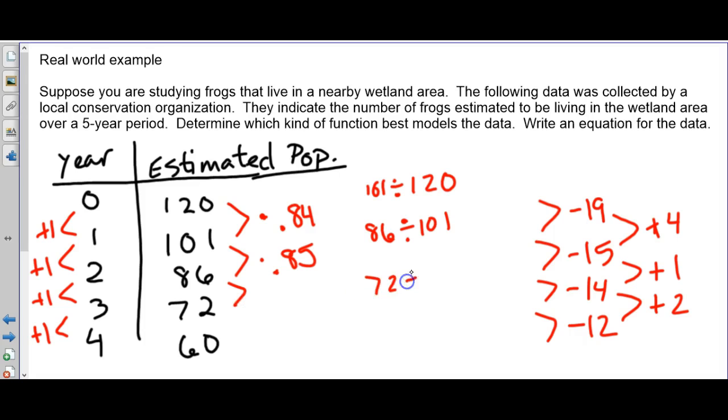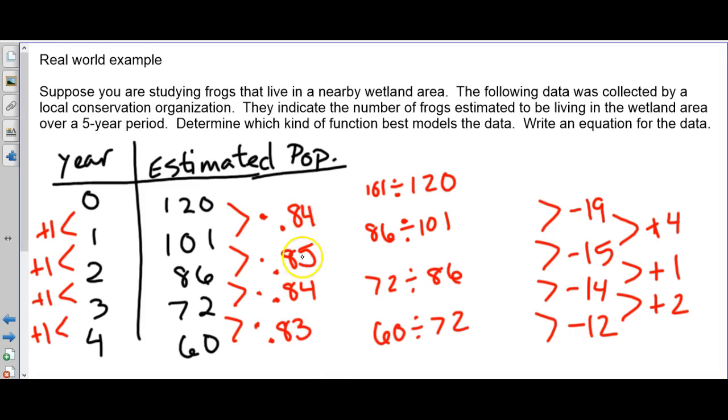Same thing on the next one, 72 divided by 86. We get 0.837, so that rounds to 0.84. And 60 divided by 72 would be 0.833, so 0.83.